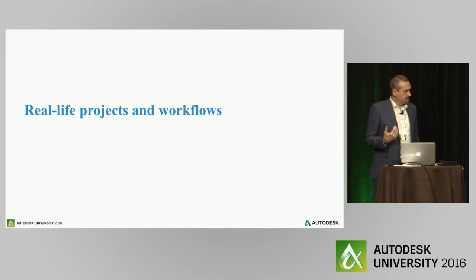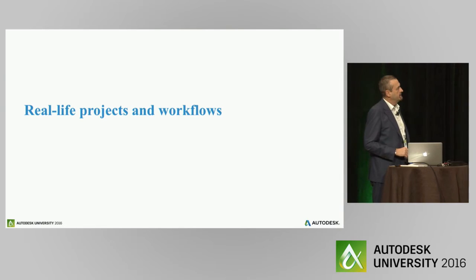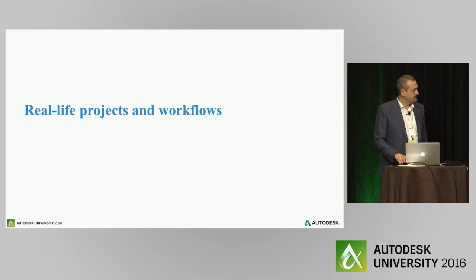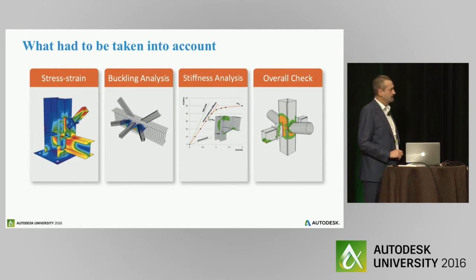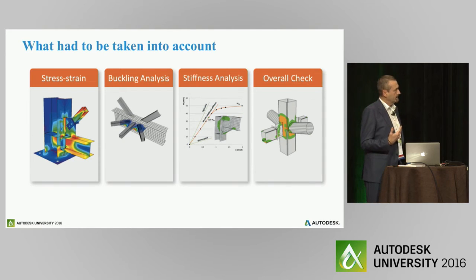The method has been used for more than 2.5 years, and during that time we came across a lot of interesting projects and also things which were not designed very well, and we found the problems. With this method, we can make the analysis of stress and strain in the joint.